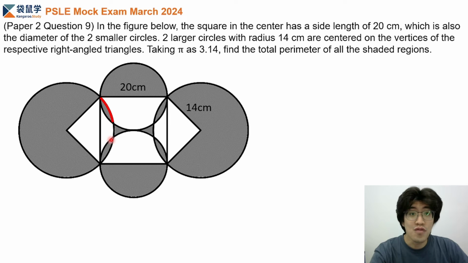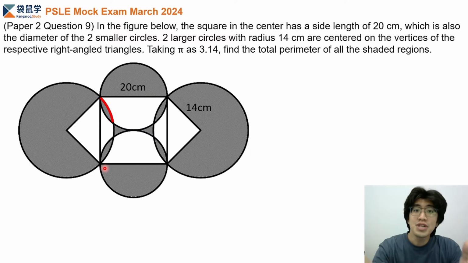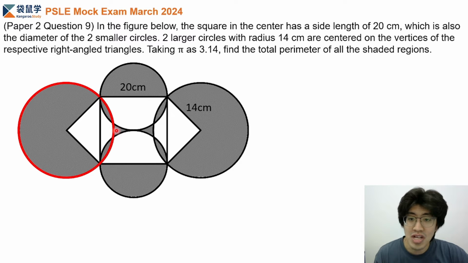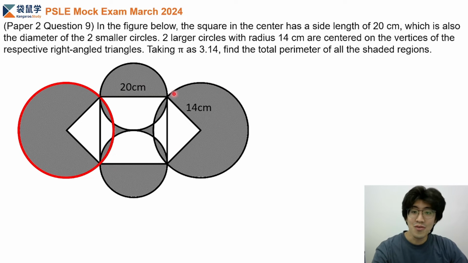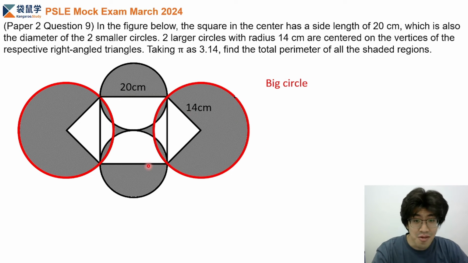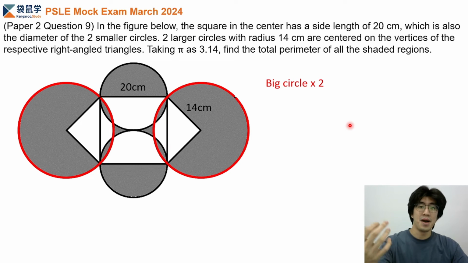Like this part over here and this part over here. They all belong to this big circle. So if I combine these three along with this outer part, what do we get? We get a full circle. So that's solved at least for these three parts over here. And since there are two large circles, we can basically do the same thing for the right one. So we have a big circle, and here is another one, so I can simply just multiply by 2.